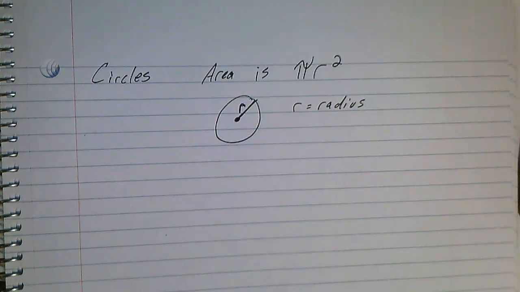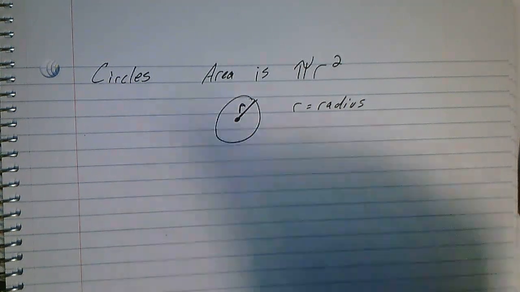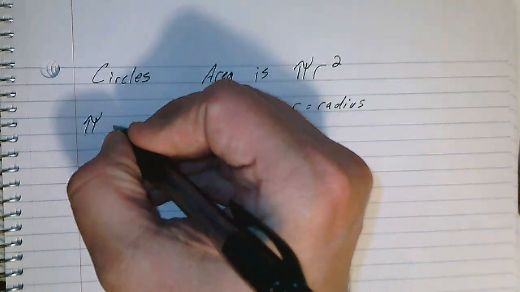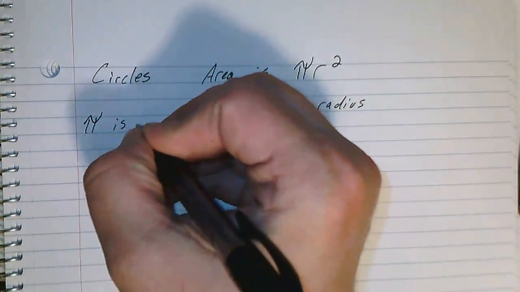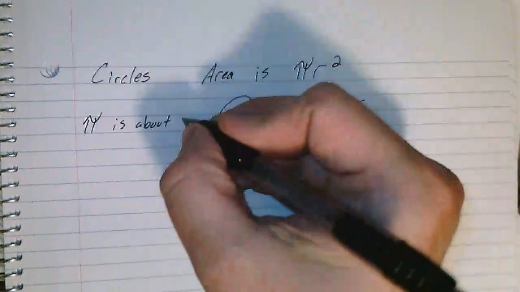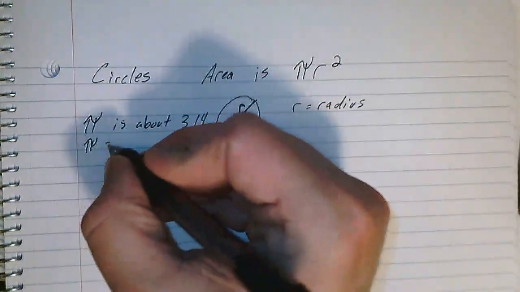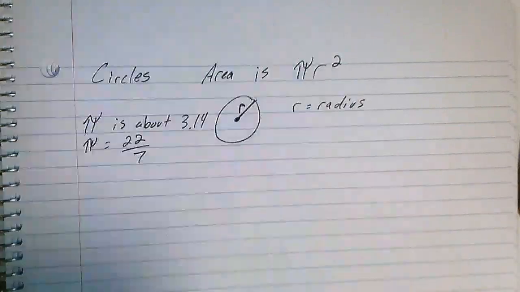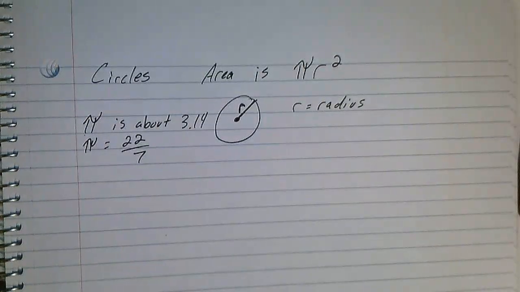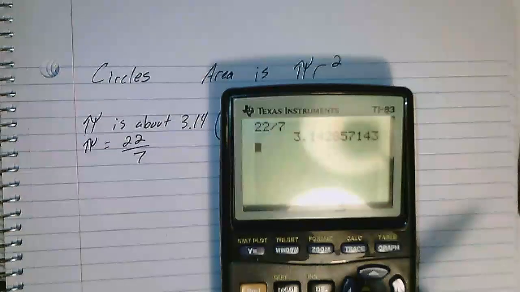It will tell you either to use 3.14 for pi, or sometimes it will tell you to use, I think it's 22/7. Yeah, because 22 divided by 7 is about 3.14.